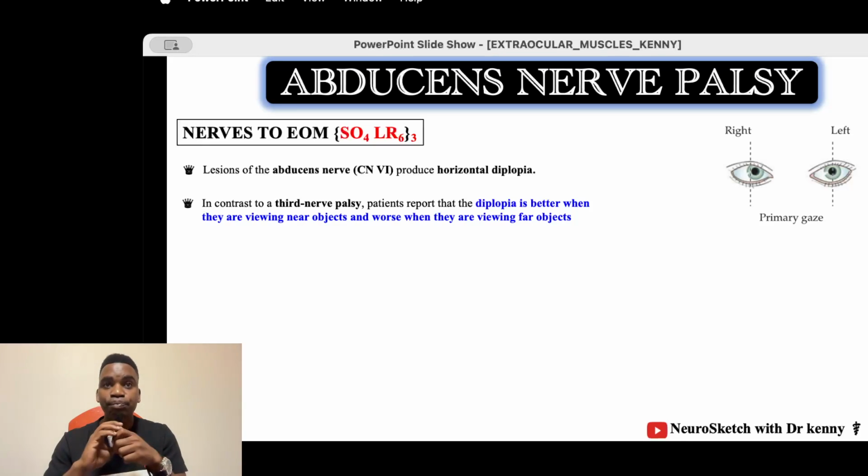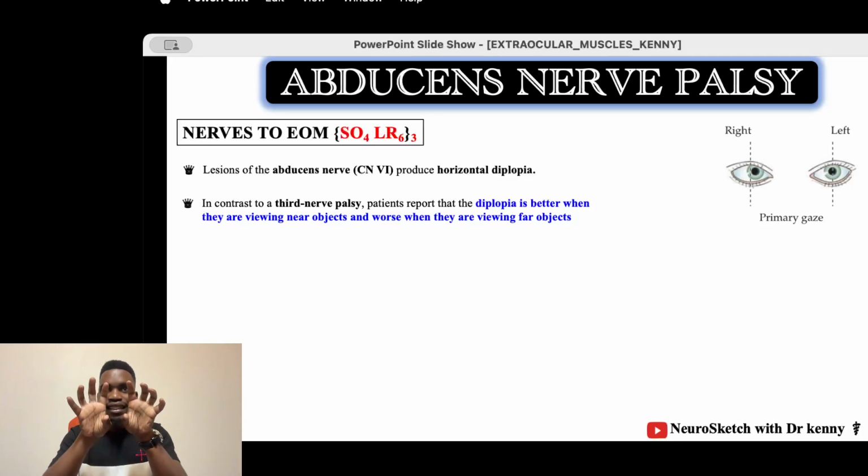But if I'm looking at a distant object, my eyes have to do a little bit of divergence, to look a little bit away from each other. With divergence, we are abducting our eyes, so we are utilizing the abducens nerve.